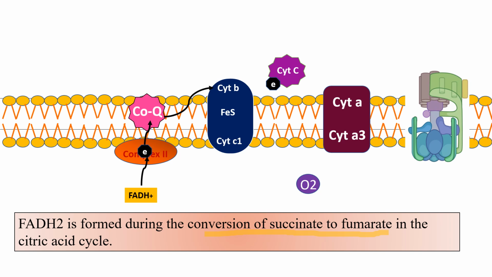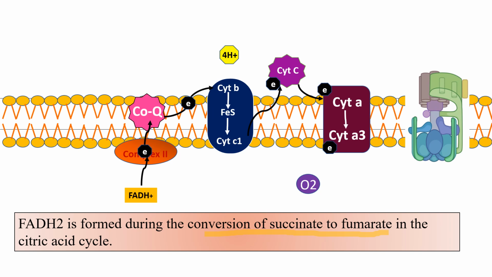Then coenzyme Q transfers the electrons to complex 3, which has cytochrome B, FeS and cytochrome C1, and then cytochrome C1 transfers the electrons to cytochrome C, and 4 protons are transferred to the intermembrane space. Then cytochrome C transfers the electrons to complex 4, which is cytochrome A and cytochrome A3.